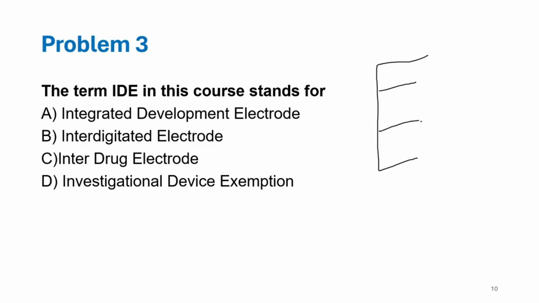It has two pairs of finger-like electrode arrays. These individual electrodes are also called digits. They are arranged in an overlapping fashion, so they are called interdigitated electrodes.